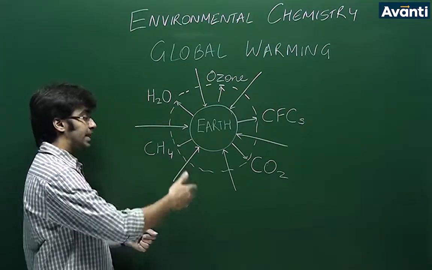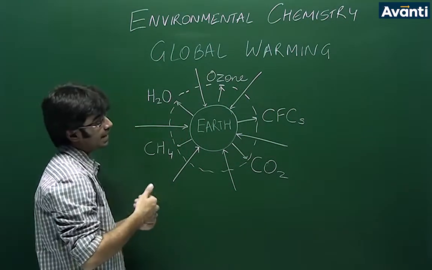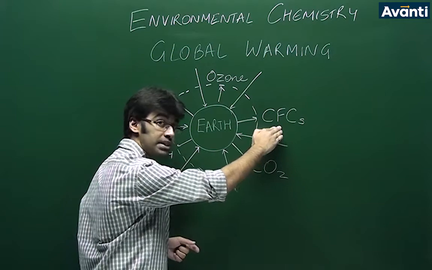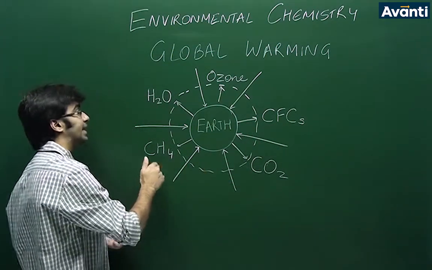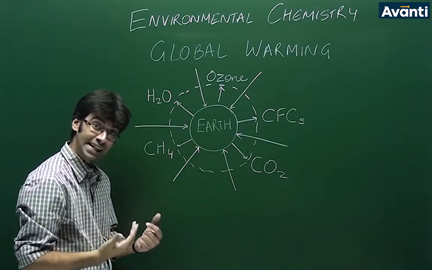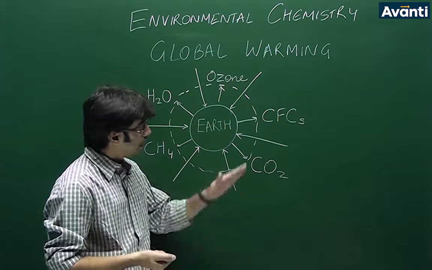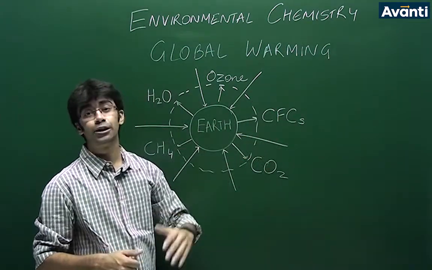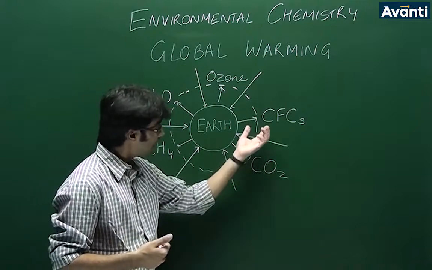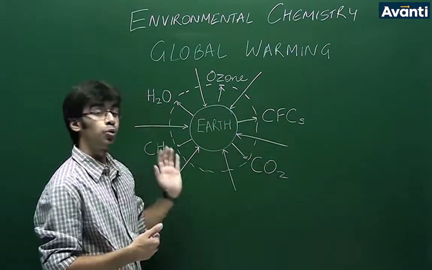Now in the troposphere there's a layer of gases present. These gases could be chlorofluorocarbons, which we typically call CFCs, carbon dioxide, methane, water vapor, ozone, etc. If the proportion of these gases increases, they block the heat energy and do not allow it to be released back into the atmosphere. A lot of the extra heat energy that is not required by the Earth gets trapped over here.